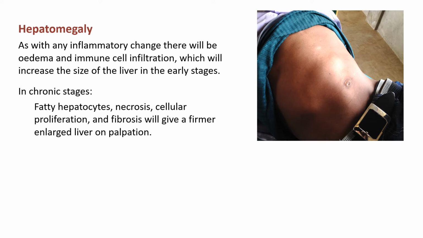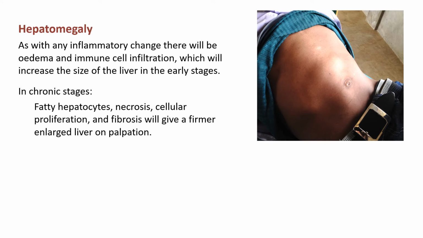In chronic stages, we've now got hepatocytes full of fat, we've got necrosis, cellular proliferation, because we're now getting into that chronic morphology of inflammation, where we've got tissue damage in association with tissue repair. So cellular proliferation is going to add to the size on top of the inflammation.